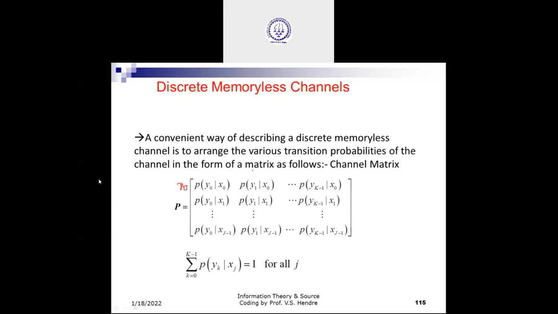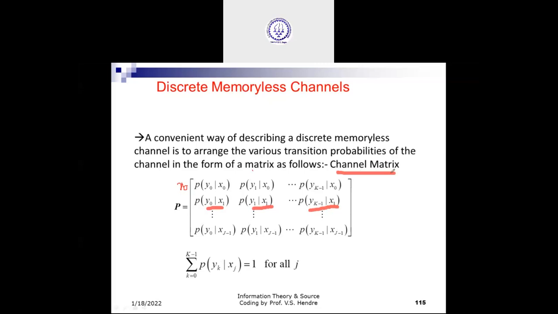Similarly, if I look at the second row, I have the x1 component, and for this x1 component I can define the terms like y0 given x1, y1 given x1, yk minus 1 given x1. That way I can form a matrix, and that matrix is called the channel matrix.